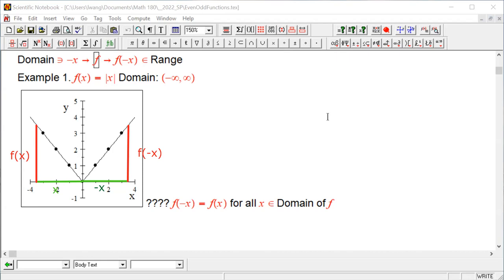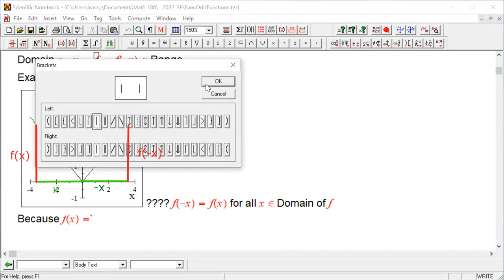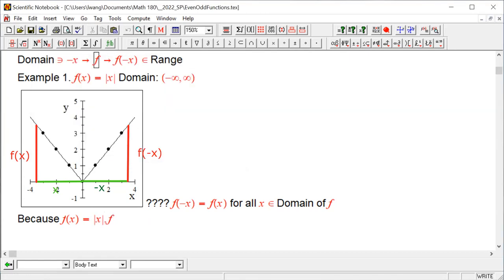Okay, so now we can say, because f of x equals the absolute value of x, f of negative x by the rule of the function is going to be the absolute value of negative x.